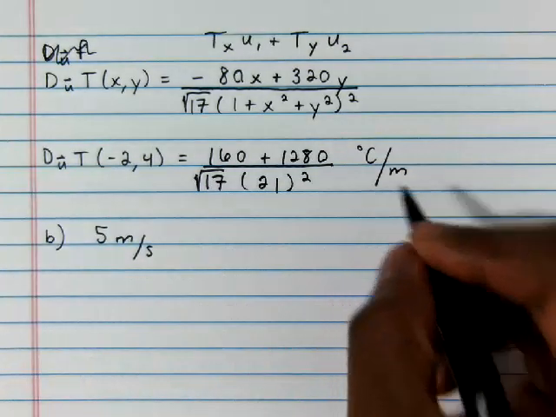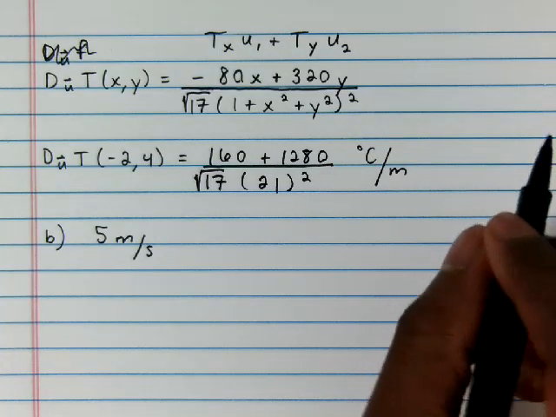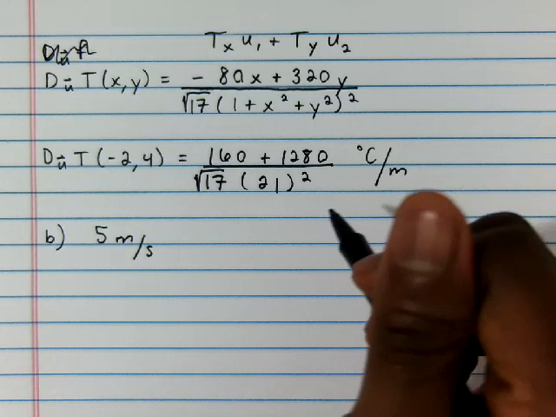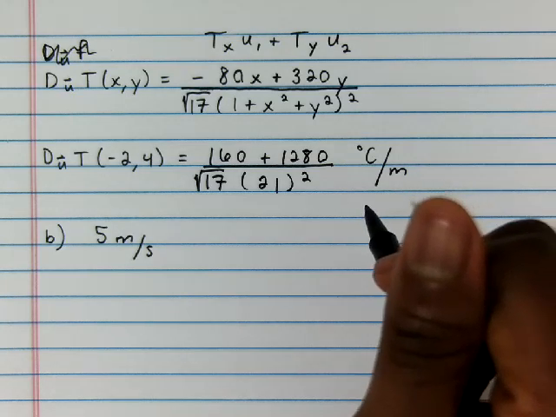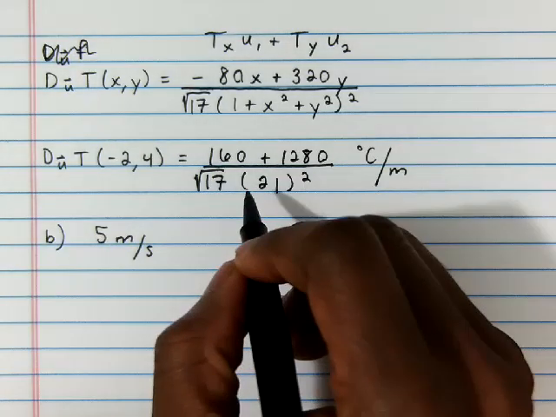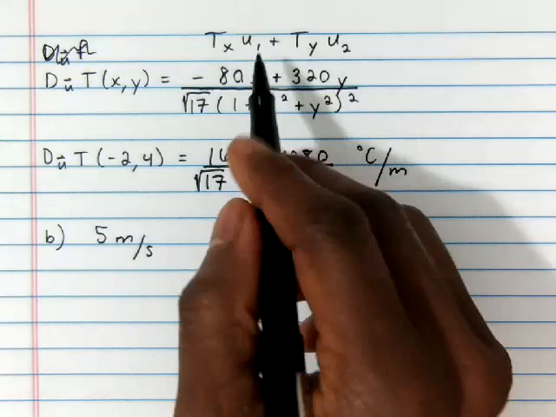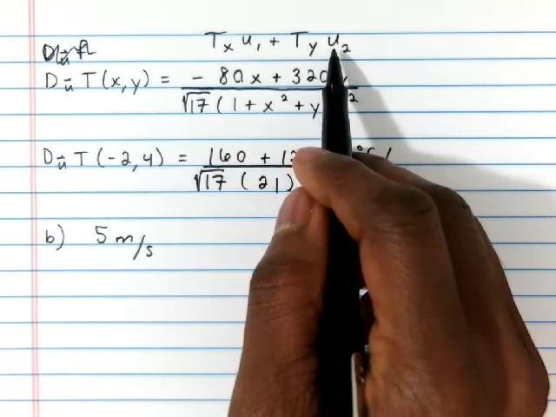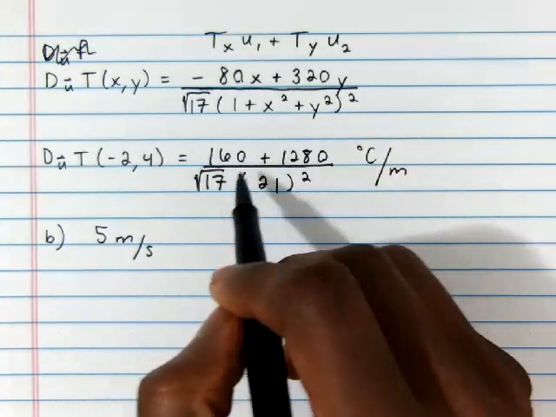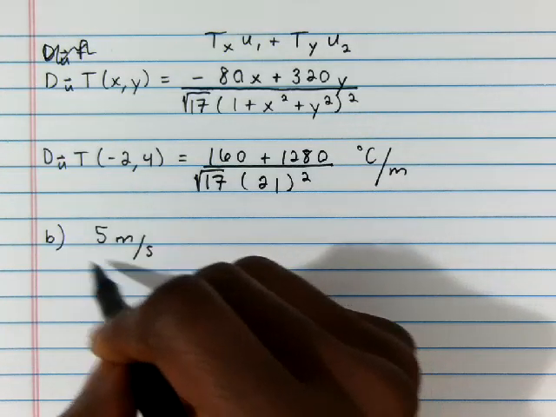And our end result, how fast is the temperature changing with respect to time? So we should end up with degrees Celsius per second here. And we're still at that same point, and we started with the unit vector here. So because we have that unit vector in this directional derivative, now we're just taking this speed and we're going to take that into account.